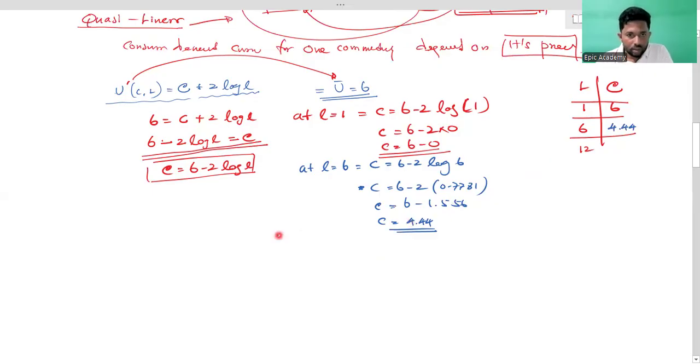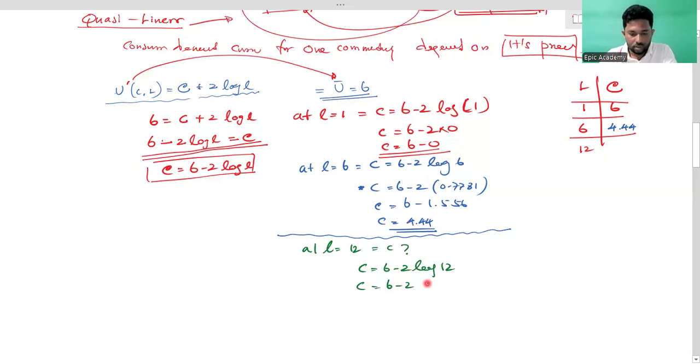In the third step, you are going to understand how L becomes 12. Then what about the value of C? C equals 6 minus 2 log 12. Log 12 is 1.079.